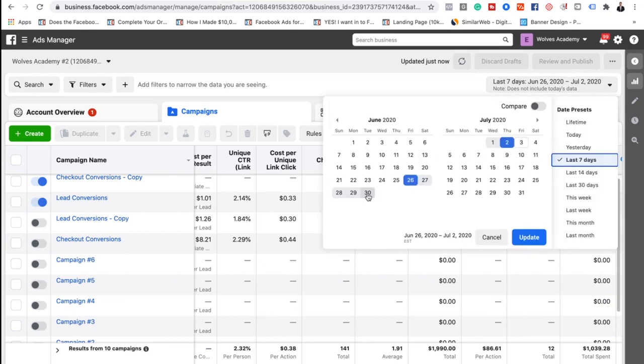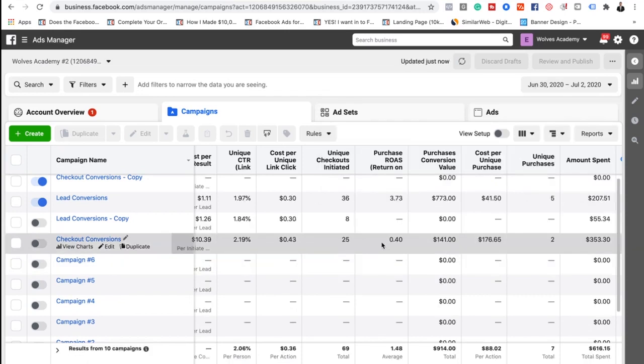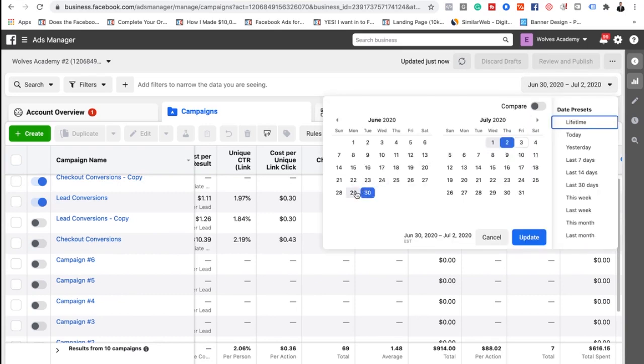But if we look at the last 3 days, which is when we make data-driven decisions, 30th to the 2nd, it is way below KPIs. So this is a dying campaign, and we will continue to bleed out losing money. Now, I don't know why I didn't even catch that yesterday. Let me go ahead and do the 29th to the 1st.